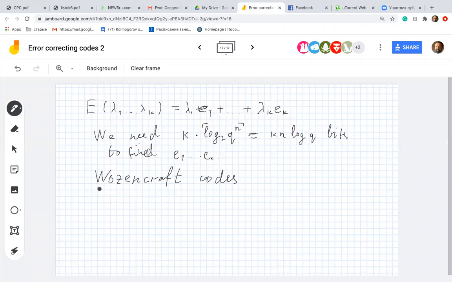And later these codes were used to find efficient codes with other parameters. So now I will explain the simplest example of Wozencraft codes. The rate of those codes will be 1/2, which means that the block length will be equal to 2 times the dimension.